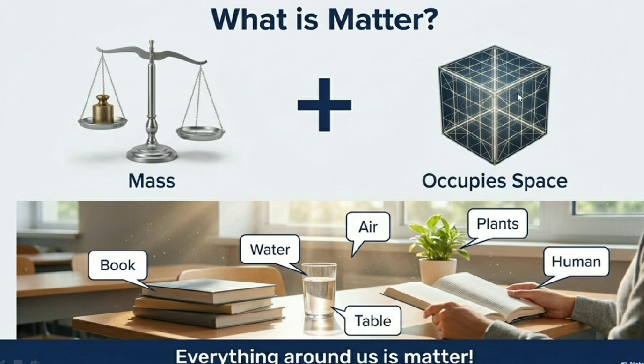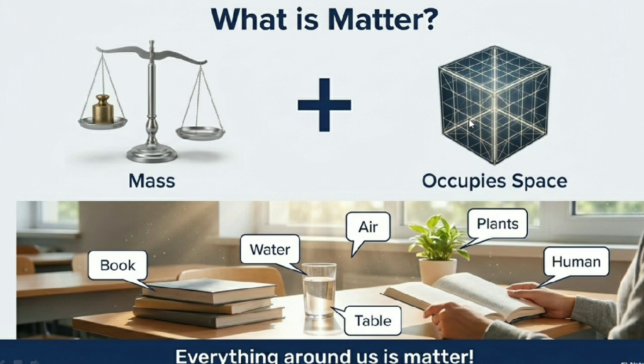Mass means the amount of material present in the object. Occupies space means it takes up some room.